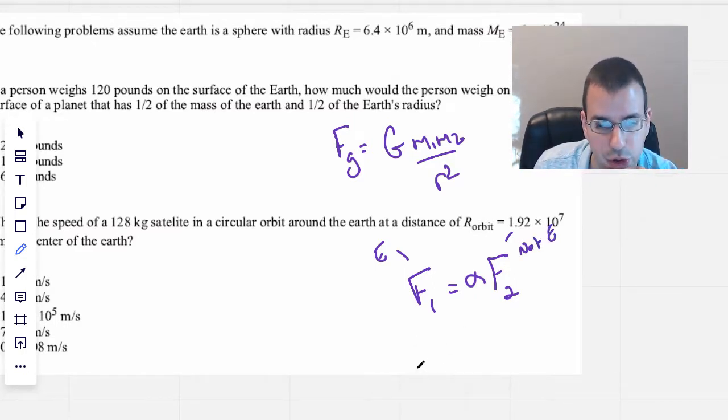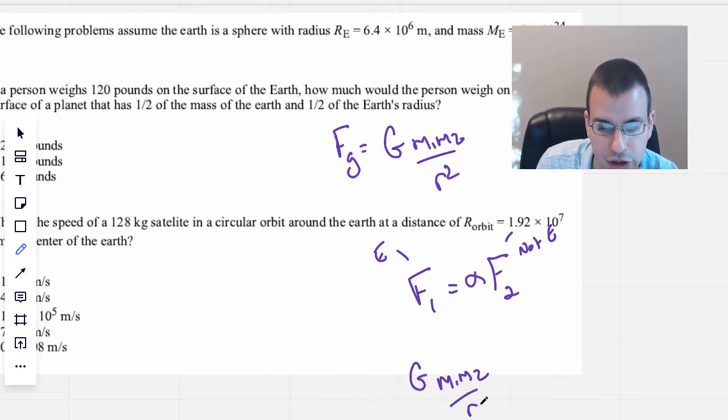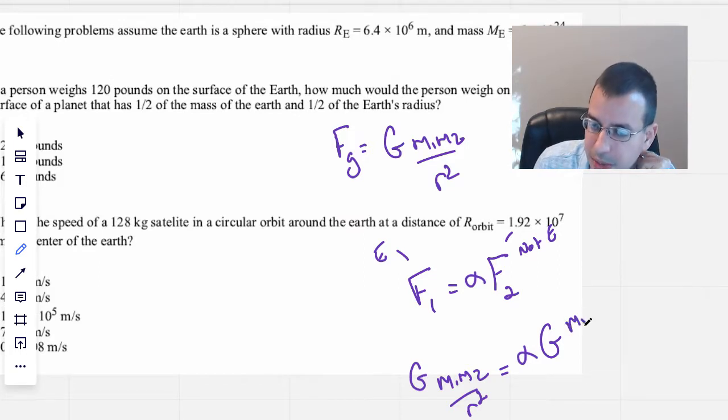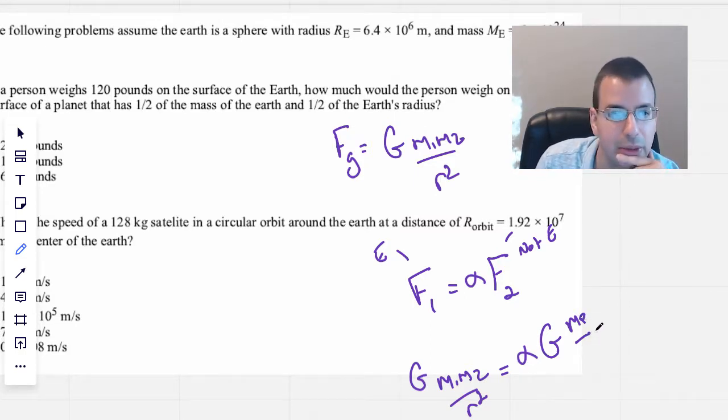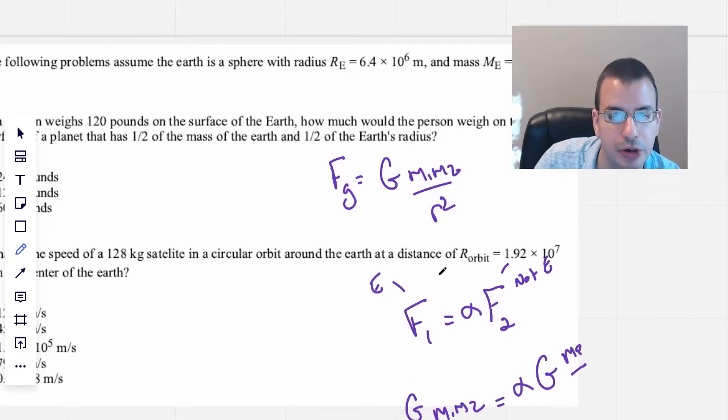And so this first one will be G, mass 1, mass 2 over r squared equals some sort of constant times G, and then this will be the mass of the person over, I'll call this mass person?